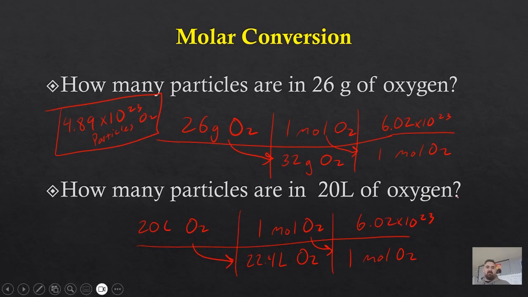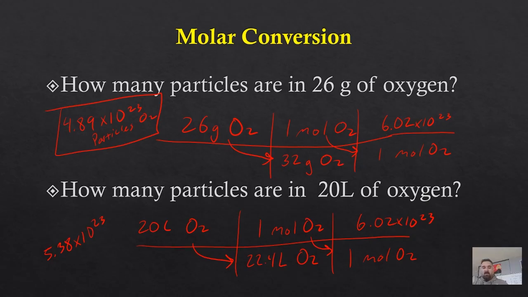And that's it. So it's going to be 20 divided by 22.4. And then we multiply that by 6.02. And then you should get 5.38 times 10 to the power of 23. Hands up if you got this number. All right, good job. Y'all killing it.